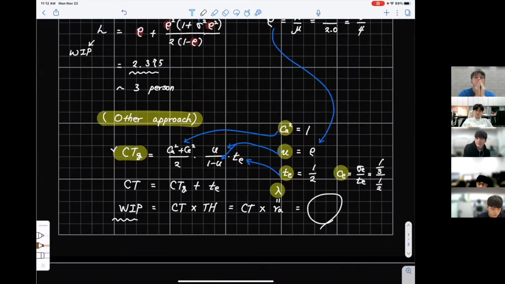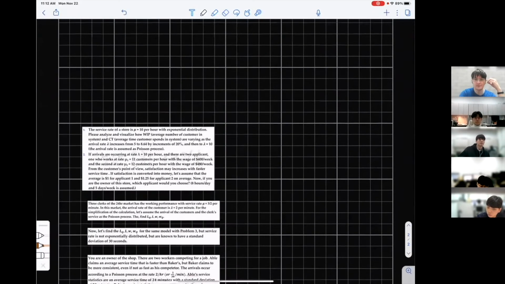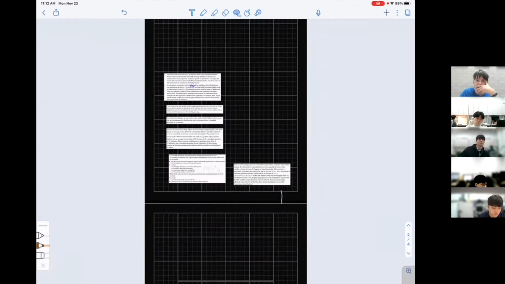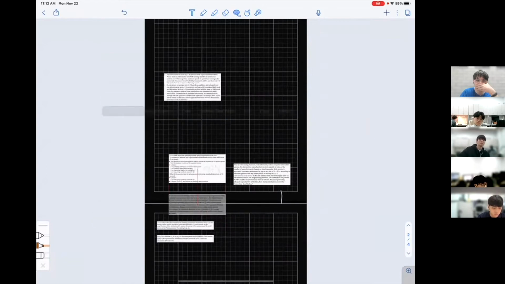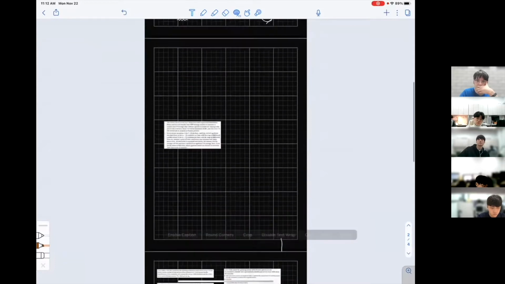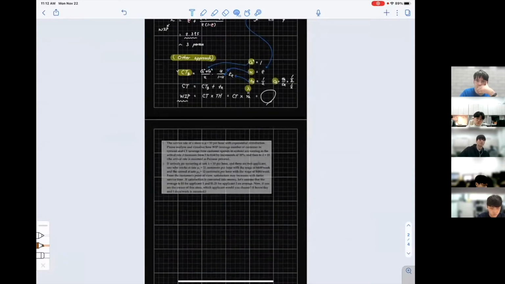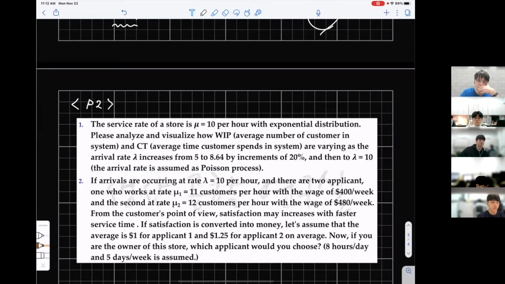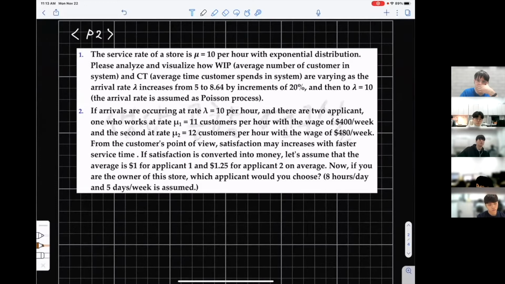So let's go to problem 2. The service rate of a certain store is 10 per hour with exponential distribution.